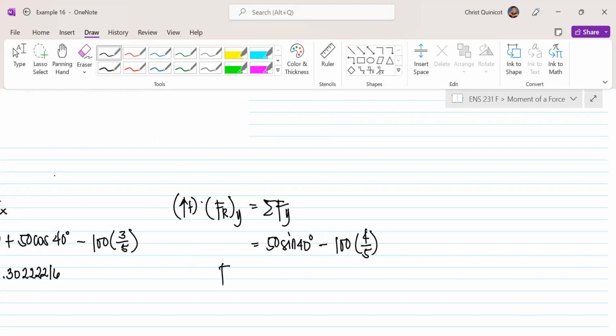So our F sub Ry is equal to 100 times 4 divided by 5, that's 80. So 50 sine 40 minus the answer. That's negative 47.8606195.